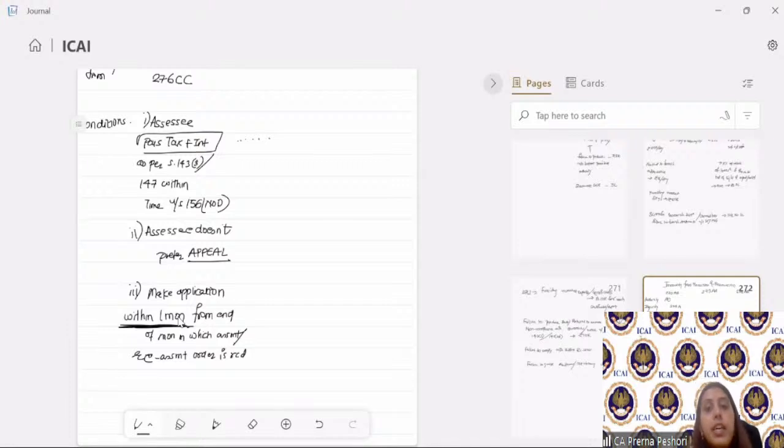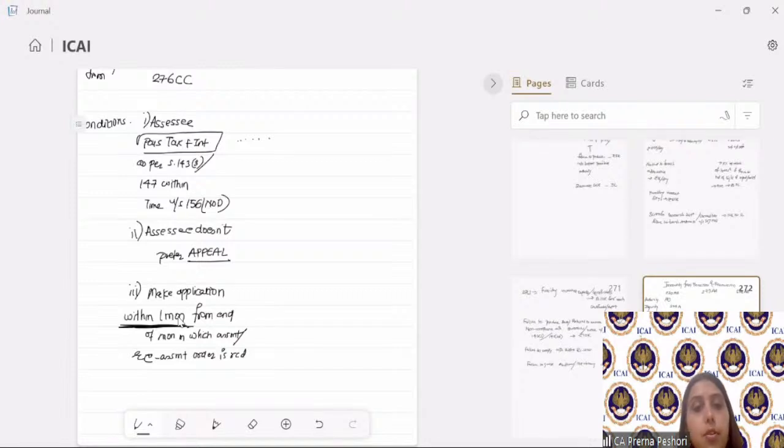And then if the AO is satisfied on the fulfillment of the conditions and the time limit for appeal has also expired, the AO can grant the immunity under section 270AA. The AO can grant the immunity from penalty under section 270AA.